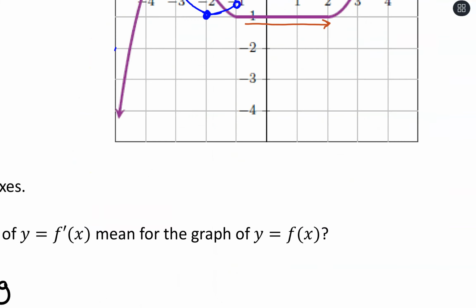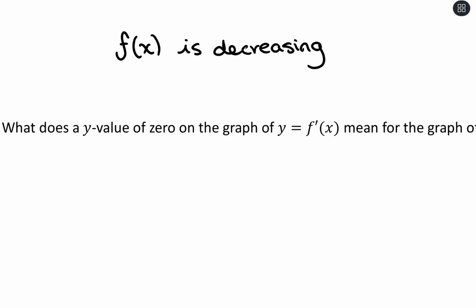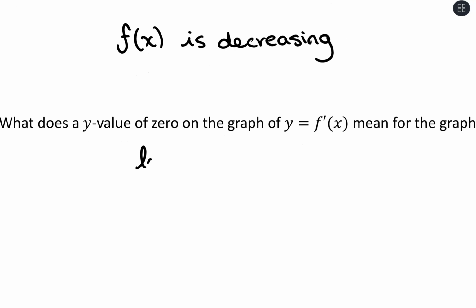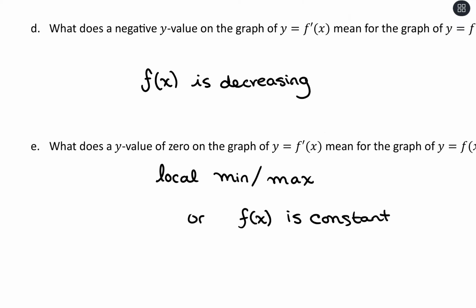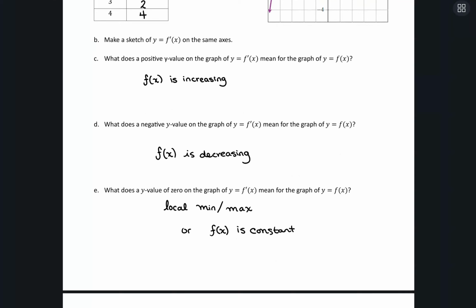So 2 scenarios here. It's either a local minimum or maximum, or f of x was constant. So 2 scenarios for getting zeros to come through.